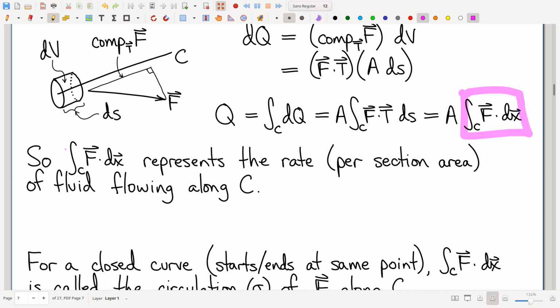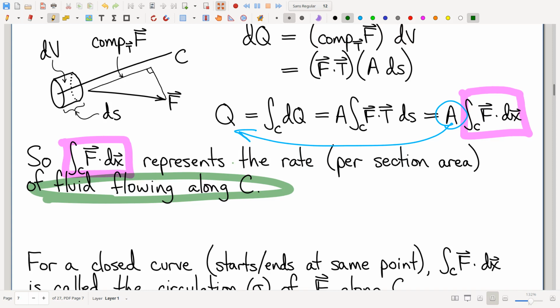Right? So this vector line integral, it's a little bit off to say that it is Q. It's not Q, right? There's this extra factor of area here. But of course, you could imagine taking this factor of area, kind of dividing it over to there, and saying, well, okay, sure, but it's the fluid flow rate per unit area.